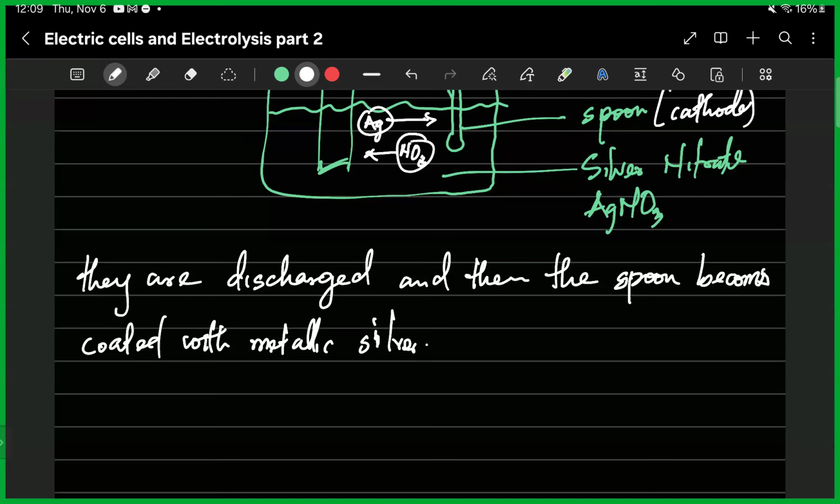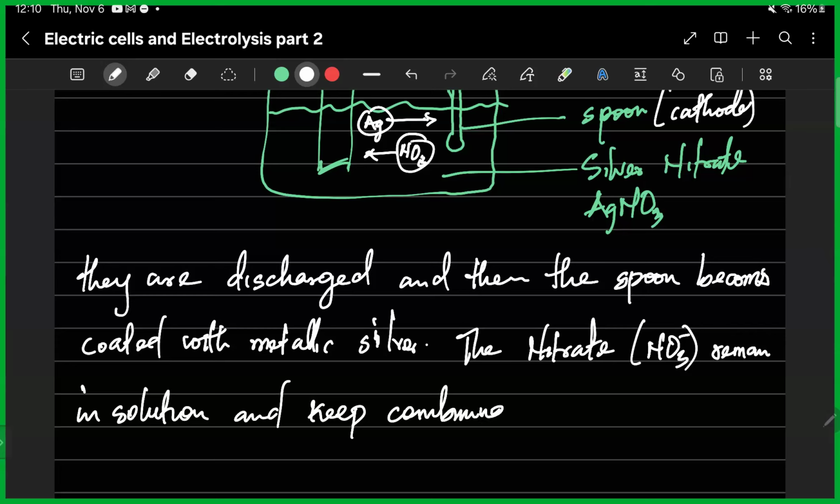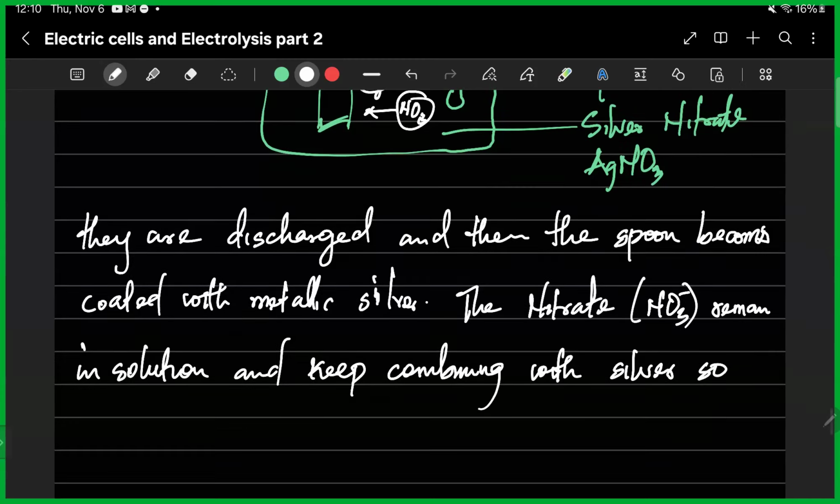Another thing to note is that in this case of silver nitrate, the nitrate ions, the NO3 minus, remain in solution, and they keep combining with silver, so that the electrolyte does not reduce in concentration.